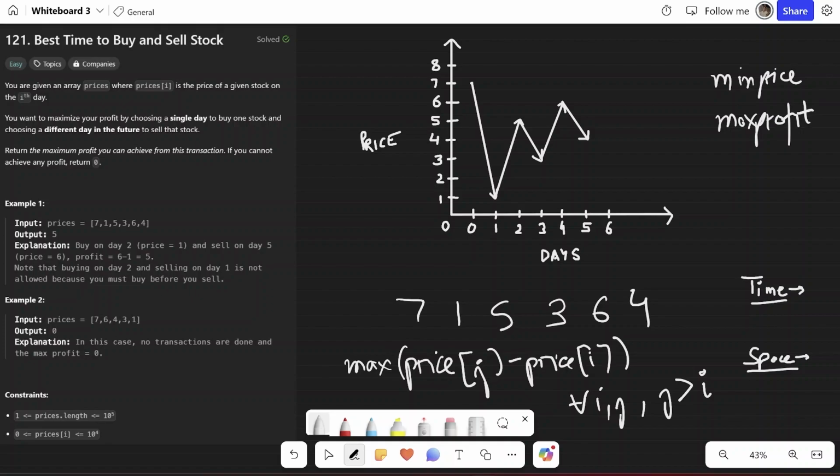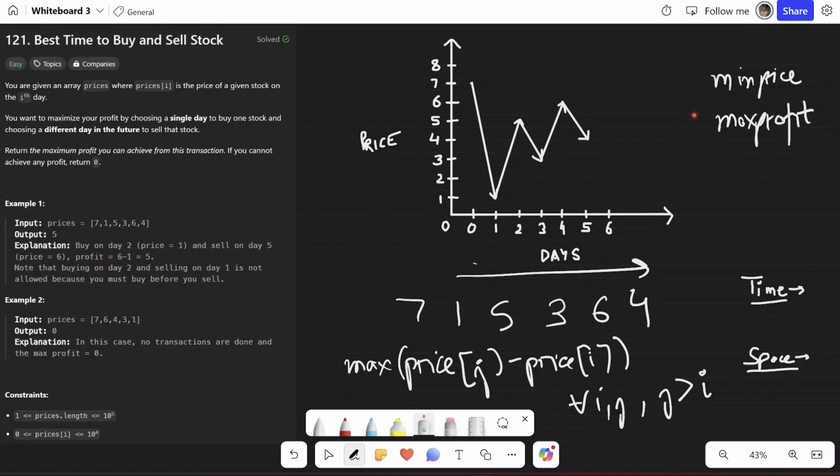And as we iterate through the array, going left to right, we keep track of this min price, whatever was the minimum price previously, and also keep calculating max profit as we reach each number in the array. And at the end of it, just return the max profit as the answer.